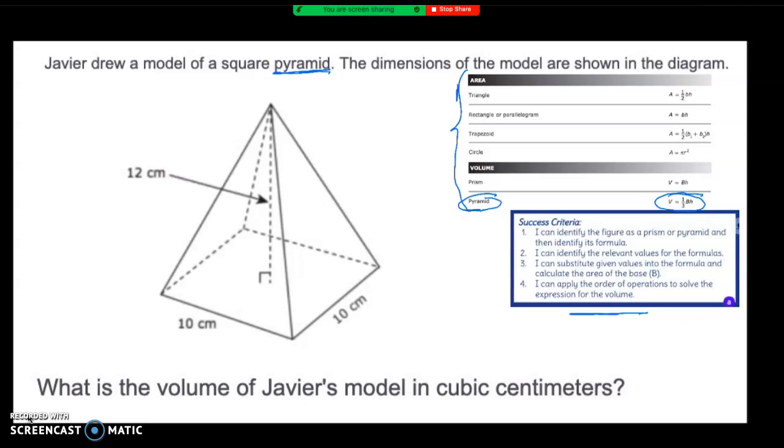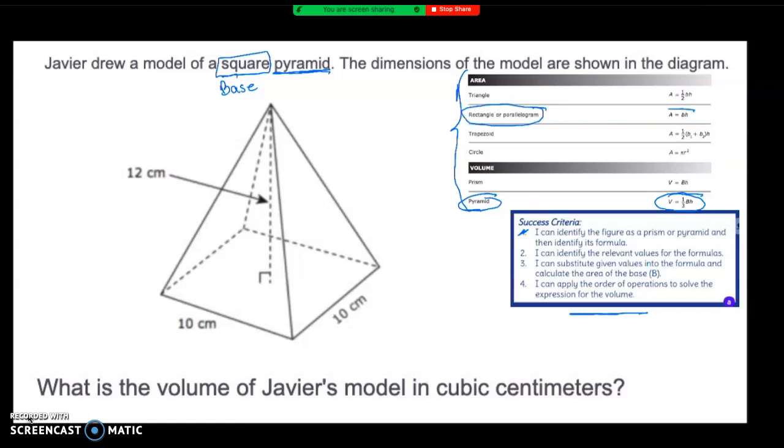Okay, so that's done. Also, our base, if you look at the name of our model, the first word in the name will actually identify the base. In this case, we know we're talking about a square, and area for a square is similar to area of a rectangle.